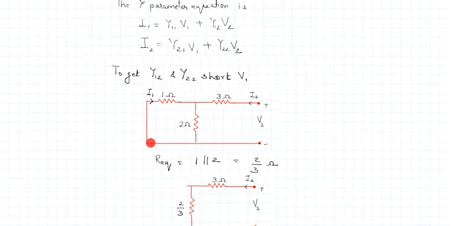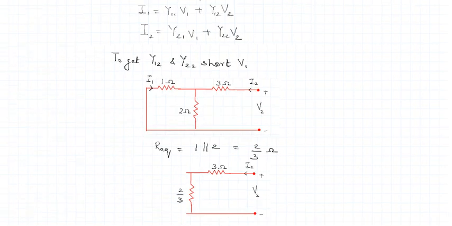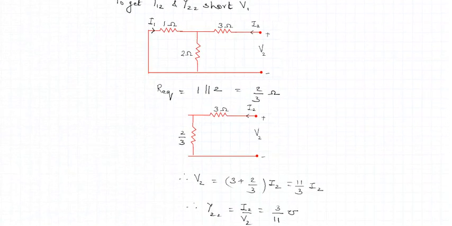To find these Y parameters, let us first find the equivalent resistance of these two resistors. We observe that these two resistors are in parallel, so the equivalent resistance will be 1 parallel to 2, that is 2 by 3 ohms. The circuit can be shown by replacing these two resistors with the equivalent resistance.